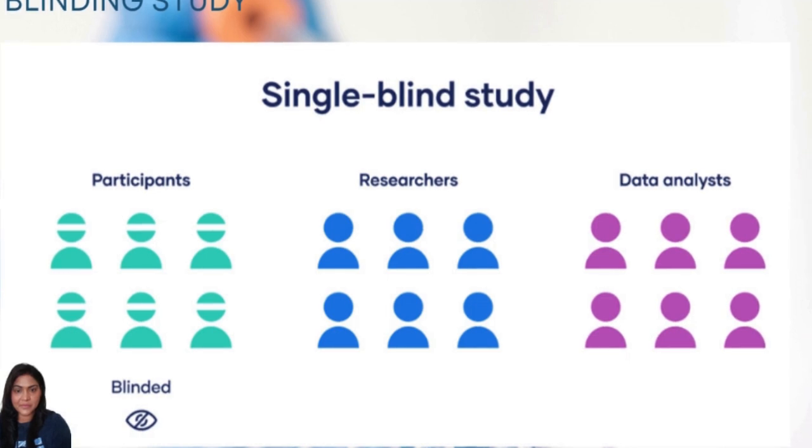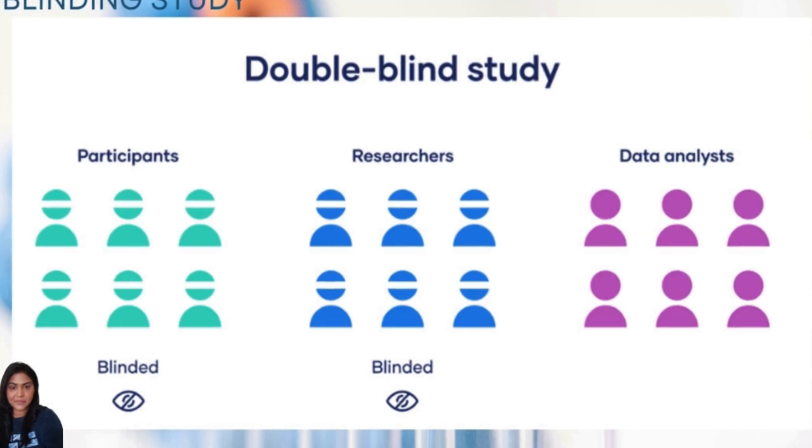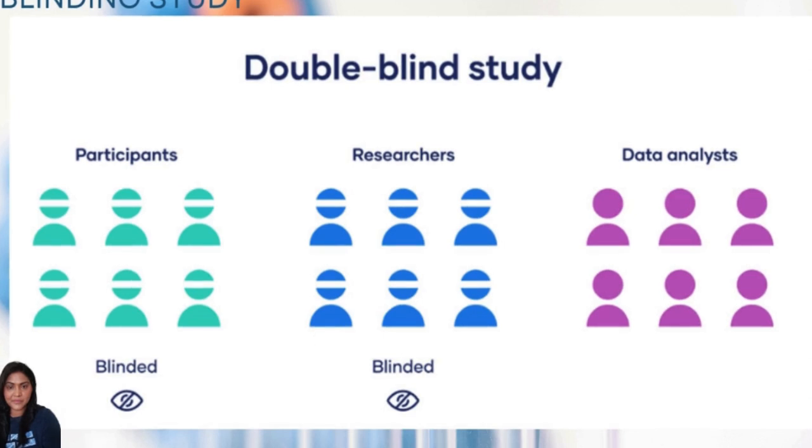Let's discuss the double blind study. When the researchers who administer the experimental treatment are aware of each participant's group assignment, they may treat those in the control group differently from those in the treatment group.